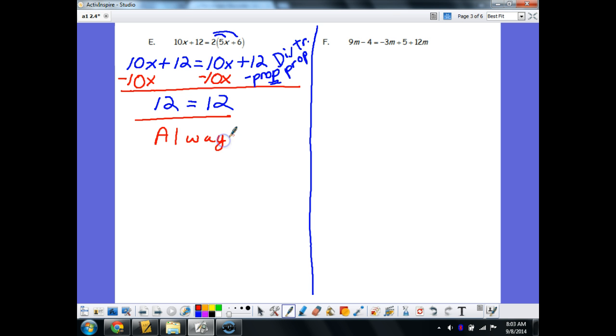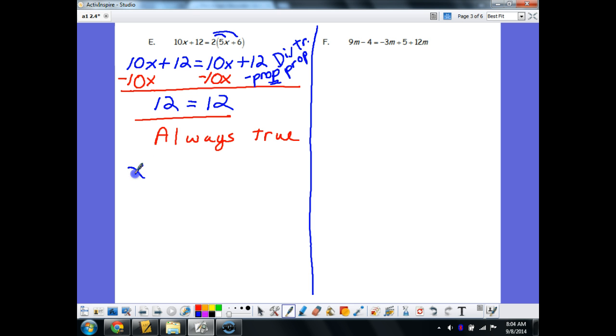What that means is that this equation is always true no matter what x is. X could be 1, x could be 7, x could be 1,255,736.768,910. Something like that.